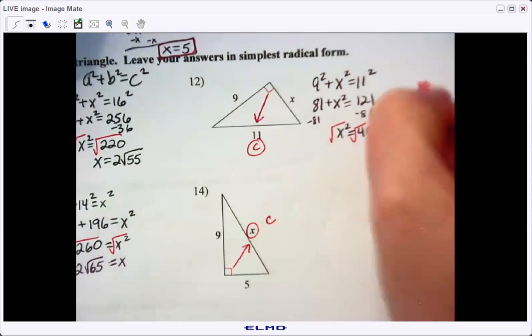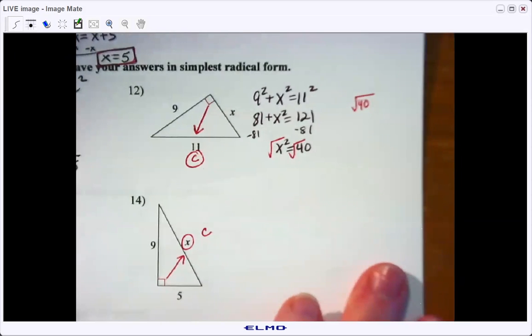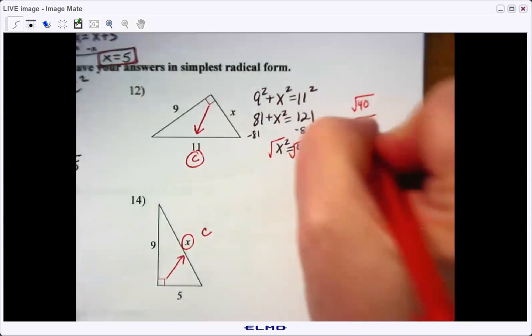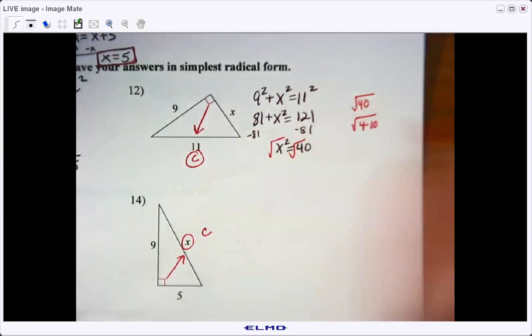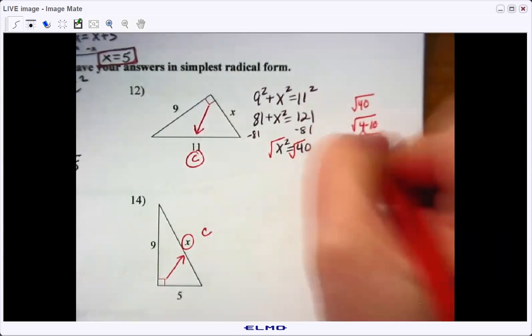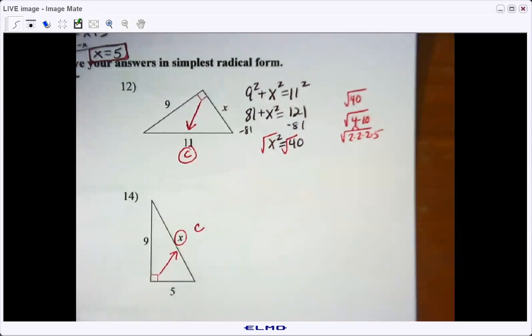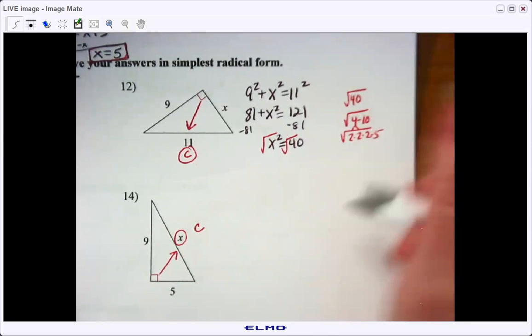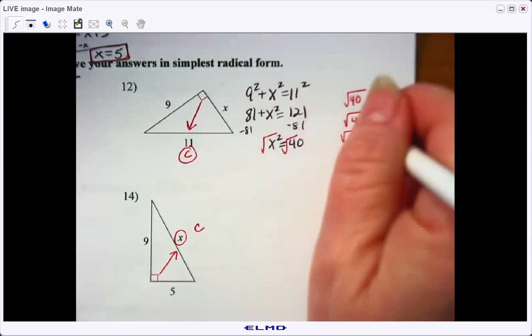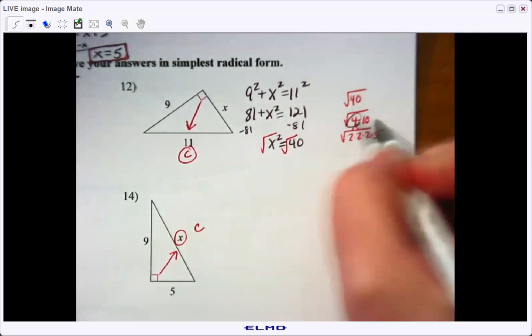So come over here and go 40 square roots. This is gonna give me 4 times 10. Okay, and this is 2 times 2, then 2 times 5. So if you're looking at pairs, if you broke it down this far, some of you may have gone from here and said that square root of 4 is 2, and then you would have had 2 root 10.